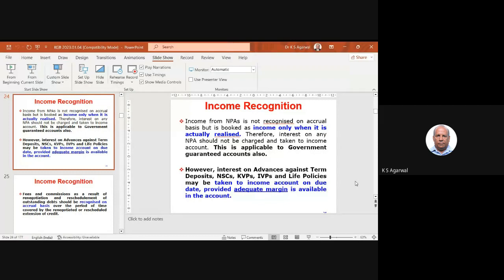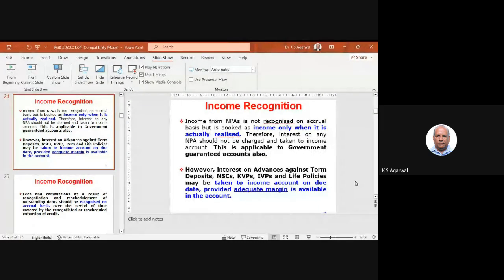So this is applicable to government guaranteed accounts also. We have seen for a state government guarantee, there was no relaxation. For central government guaranteed account, the relaxation was only for the purpose of asset classification. For income recognition, no relaxation.